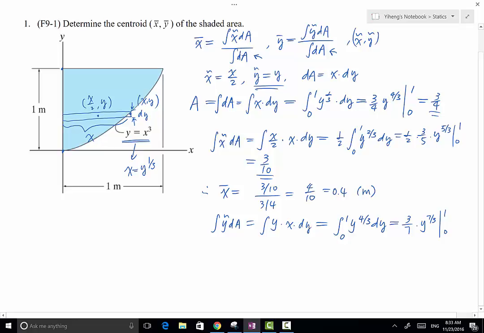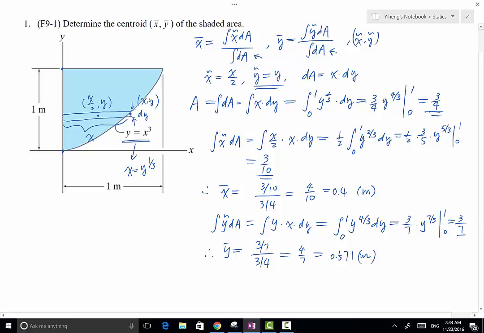And this simply equals 3 over 7. Therefore, y bar equals this right here, 3 over 7, divided by the total area again, 3 over 4, and that equals 4 over 7, and we can evaluate it to be 0.571 meter.